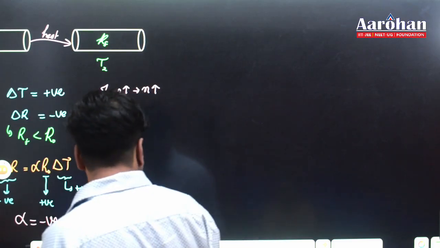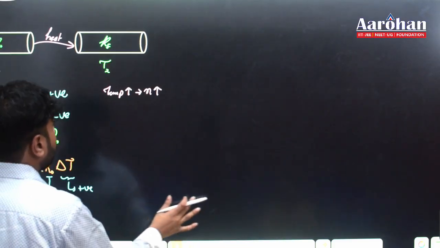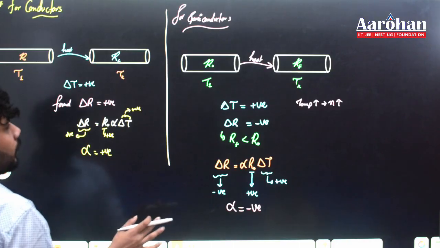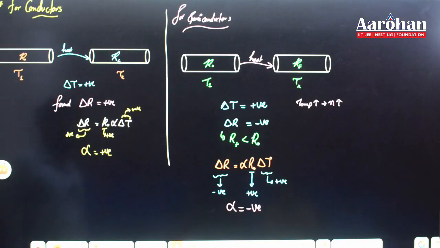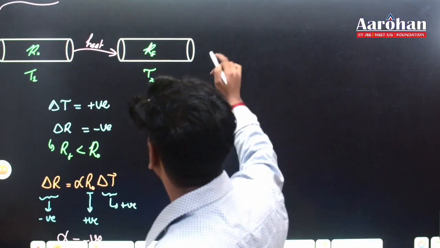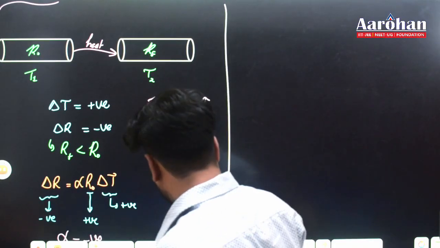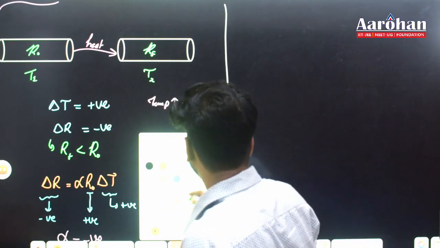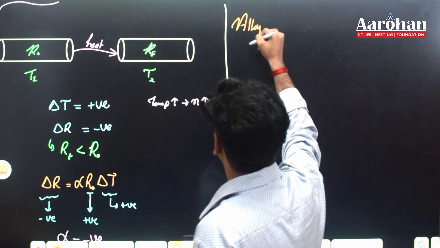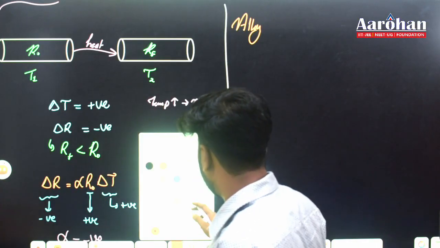Now if we talk about alloys, you can take a screenshot for this, okay. We have already talked about semiconductors. If we talk about alloys, what happens, if you remember?